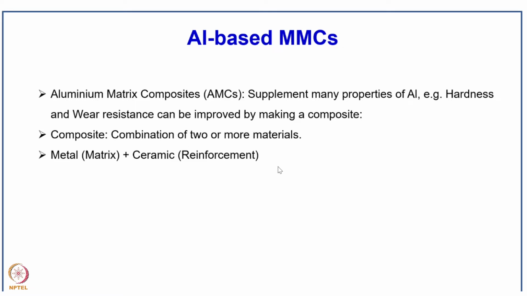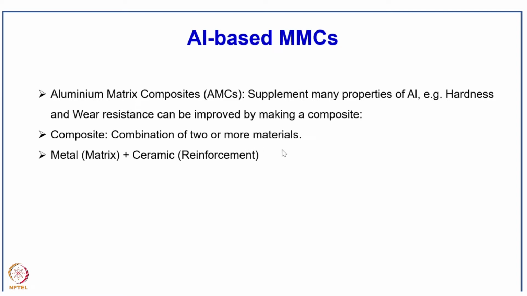Okay, and that is how you can combine the properties of two different materials into one single material, and that is what is called a composite material. So when you combine two or more materials together, which also gives rise to a new set of properties that both the constituent materials cannot have individually, that's when we call that a composite.